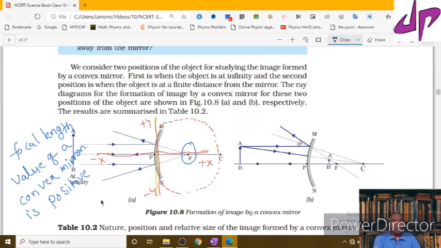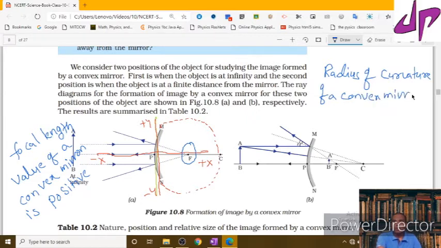Similarly, the radius of curvature of a convex mirror is also a positive value.